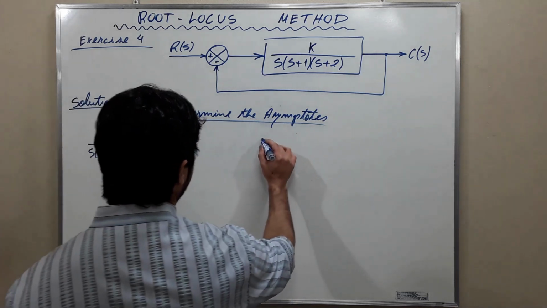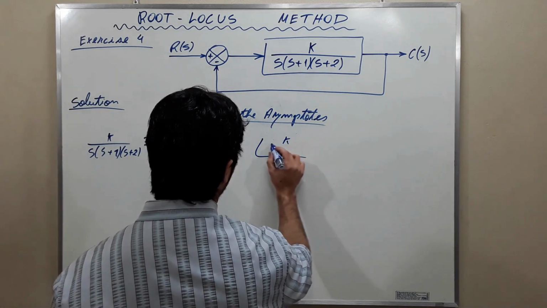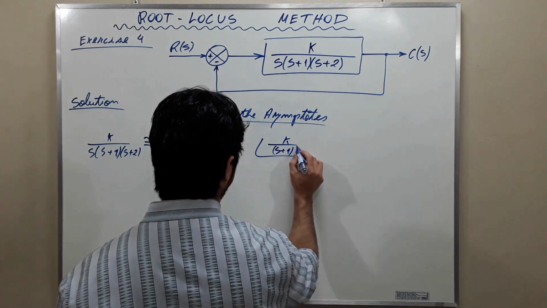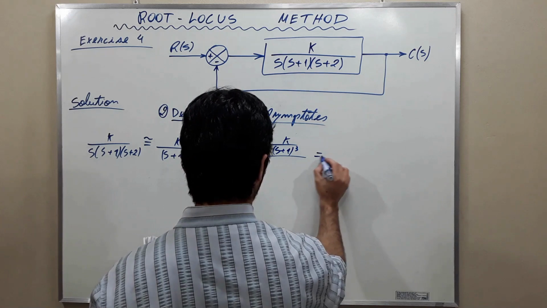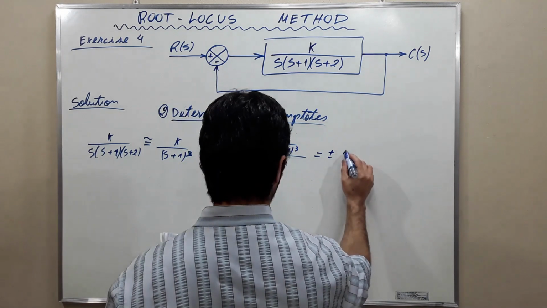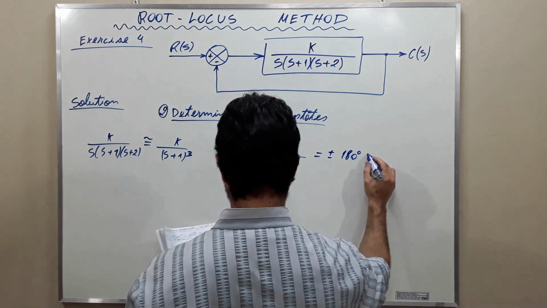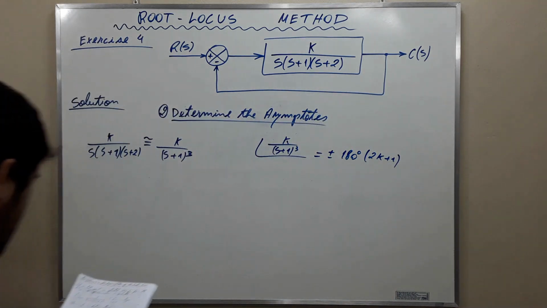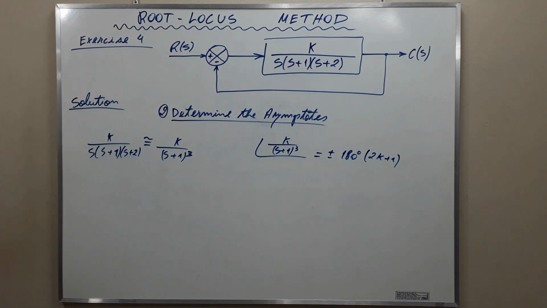The angle condition of k over s plus 1 cubed has to be equal to plus minus 180 degrees times 2k plus 1. Okay?